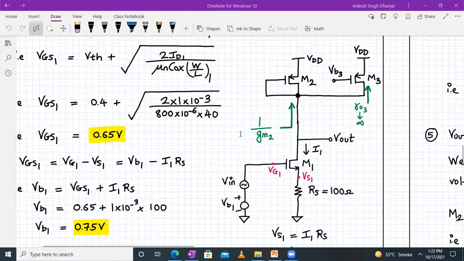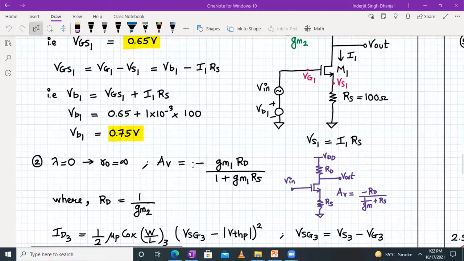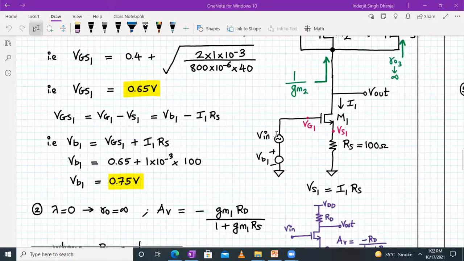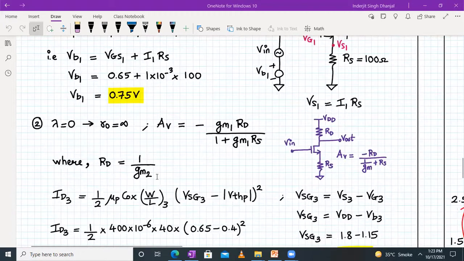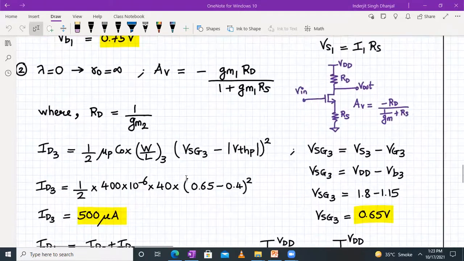Okay, agreed? So that's why we can write the gain formula as Av is equal to minus gm1 into RD divided by 1 plus gm1 into RS, where RD is nothing but 1 upon gm2. So that's what we have written. RD is 1 upon gm2. Yeah. So once this is clear, let's proceed ahead.